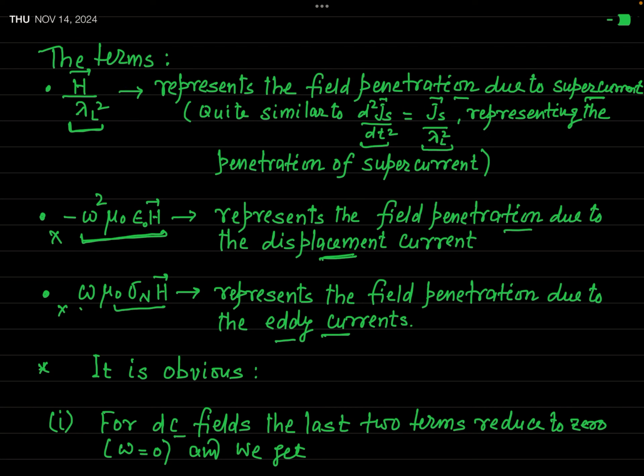Because these two terms contain omega, and in case of DC field, omega is equal to 0. So in case of DC field, there will be no penetration of magnetic field due to the displacement current and due to the eddy current. There will be only one penetration due to the supercurrent, and that is the case of DC field, which we have already learnt in our previous lecture.